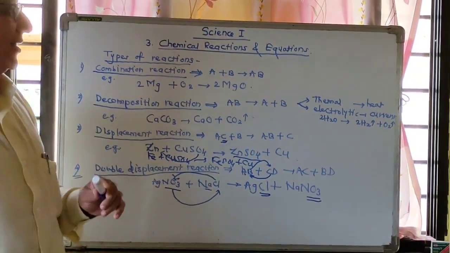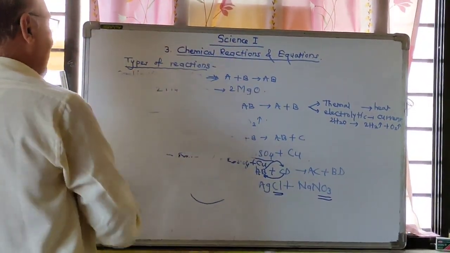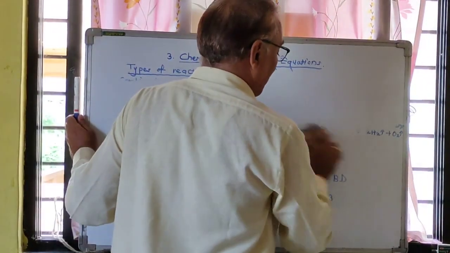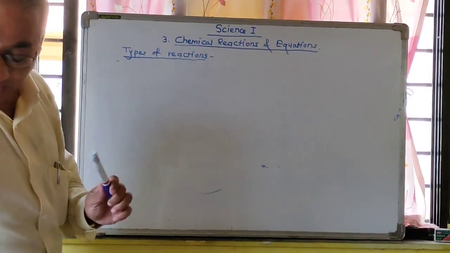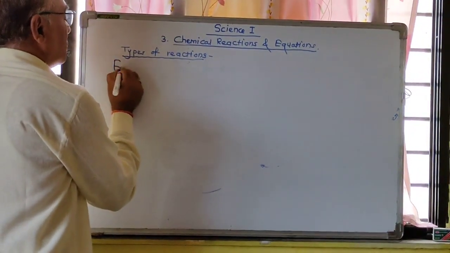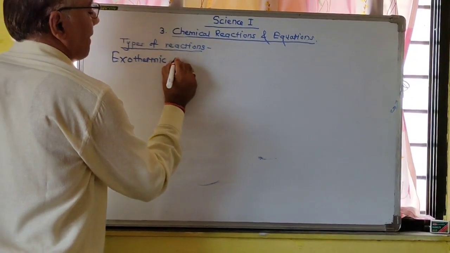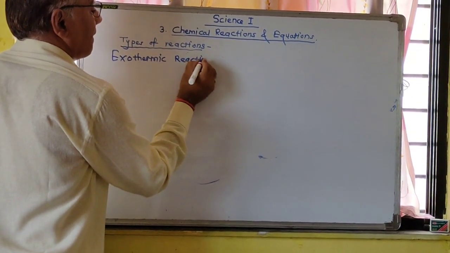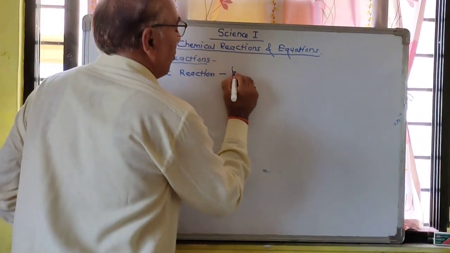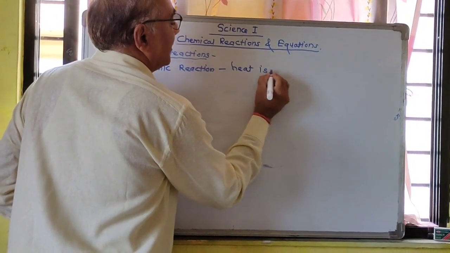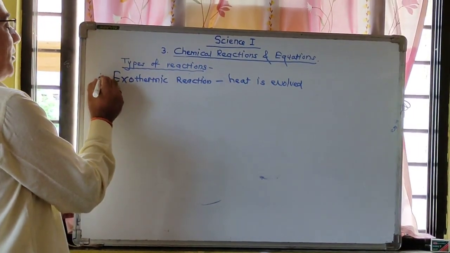Now after that there are two reactions known as exothermic reaction and endothermic reaction. What is meant by exothermic reaction and what is meant by endothermic reaction? See, exothermic reaction: when in any reaction heat is evolved, that reaction is called an exothermic reaction.